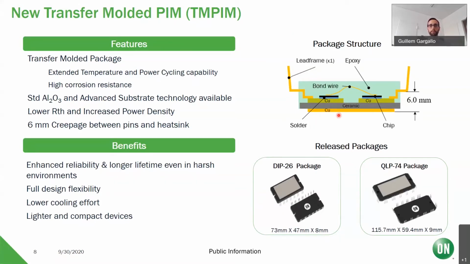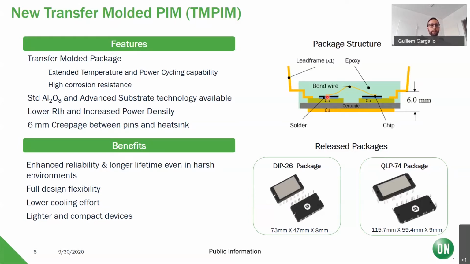We have significantly fewer components than in traditional silicon gel modules. And besides, this is all encapsulated with this epoxy resin, which also enables higher withstand capability for environmental hazards such as high corrosion or humidity. It also helps to keep the bond wires, for instance, better attached to the die, extending the lifetime.